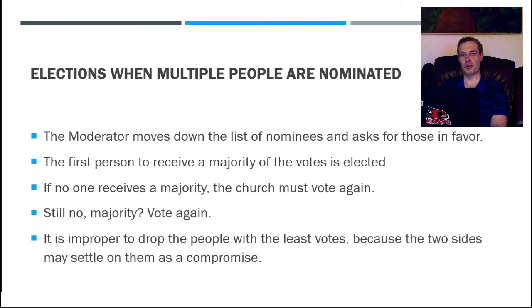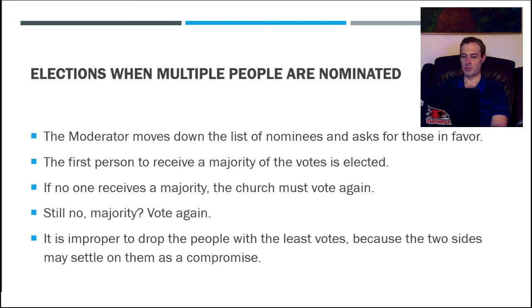That would be okay too. If they're not going to accept the position once they're elected, then there's no need for them to remain on the list. So they could ask to be removed, making it easier to obtain that majority vote. But whatever the case, you do need to make sure there is a majority for the person who is elected.